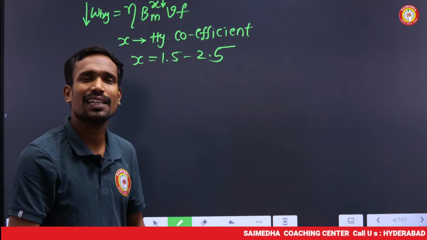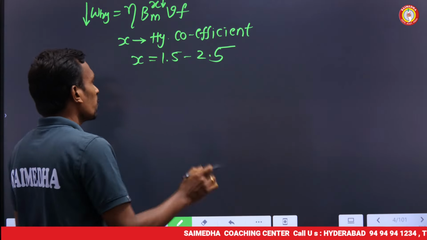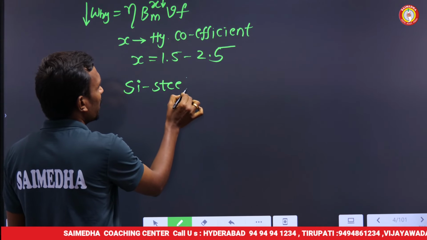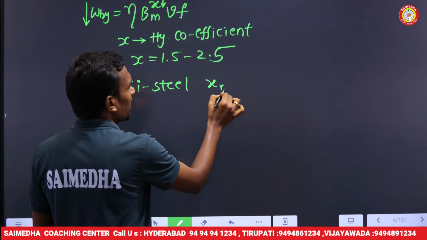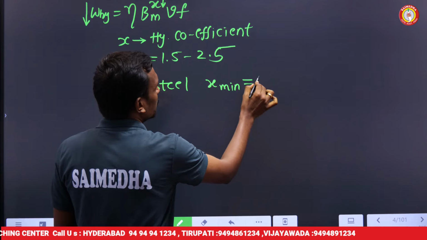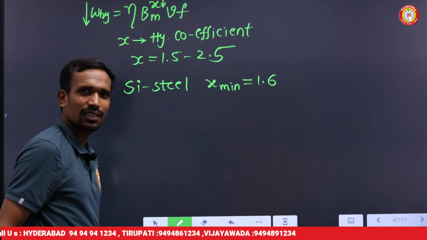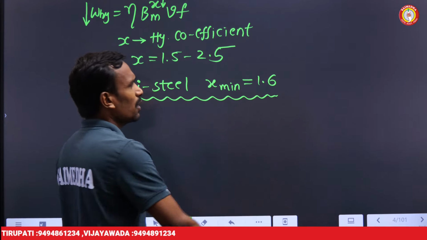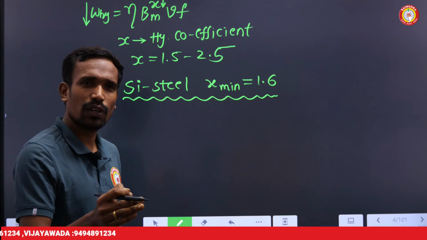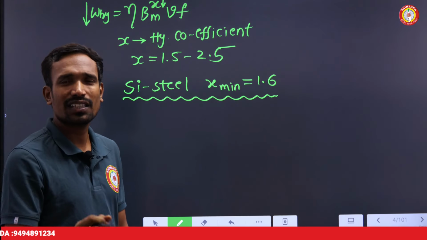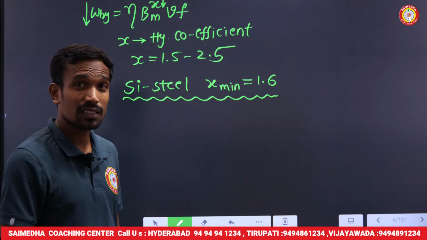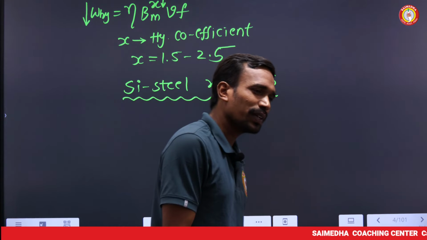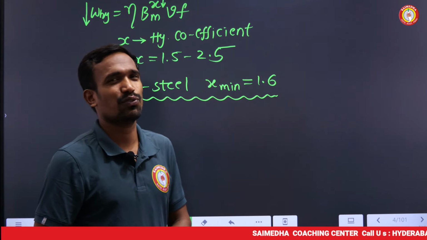For which material is the x value minimum? For CRGO silicon steel, or simply silicon steel, the x value is very minimum, just 1.6. That's why the transformer core is made up of silicon steel, because its hysteresis coefficient is minimum.